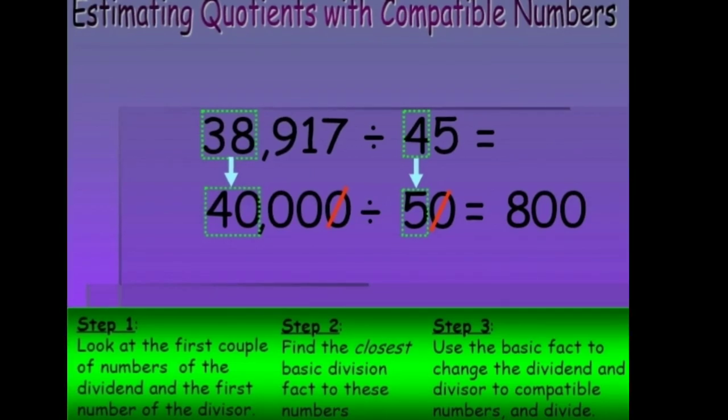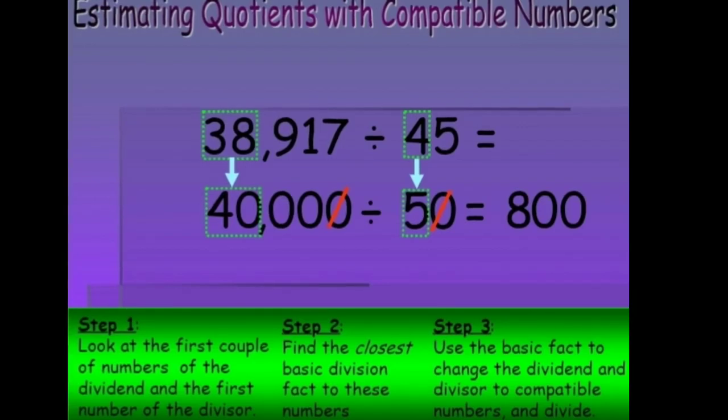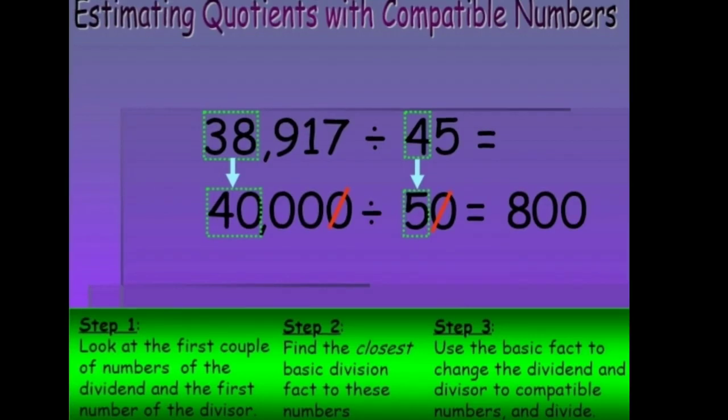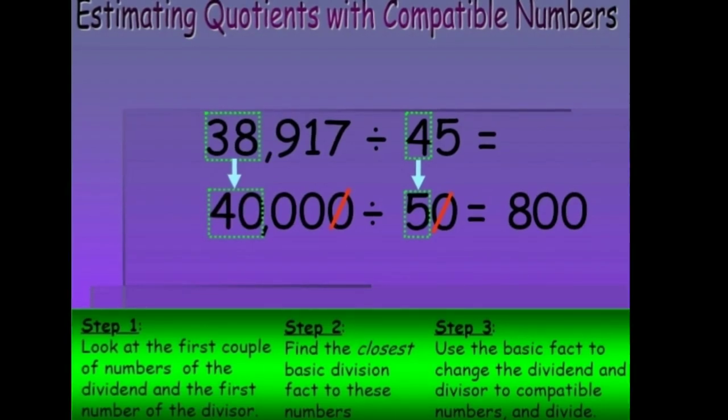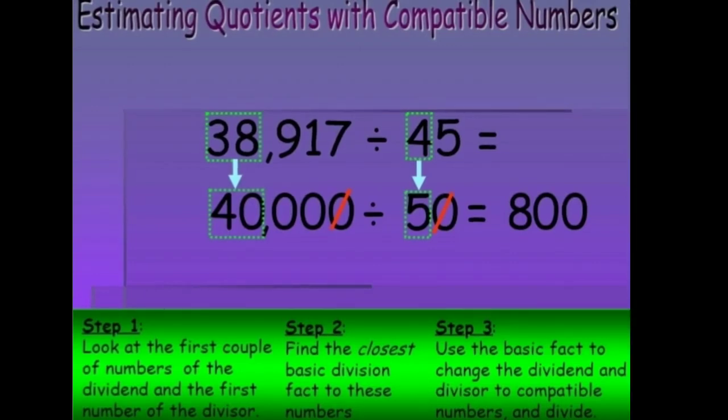And now it is easier for us to divide. So we just divide 40,000 by 50, and our quotient comes out to be 800, which is pretty accurate. So I think the concept of estimating is clear to you. Estimation is very easy. You just have to round off the numbers and carry out the calculations mentally.